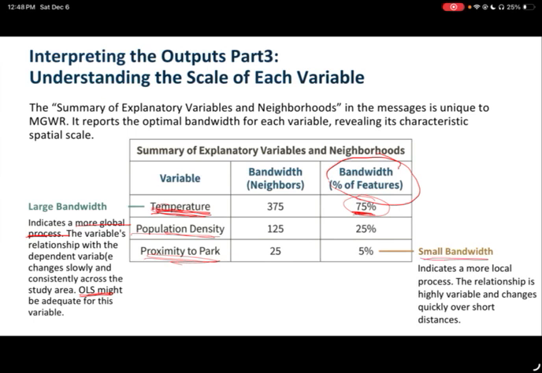But if your variables have a lot of small bandwidths like this, it indicates a more local process, and the relationship of this variable changes quickly over short distance.